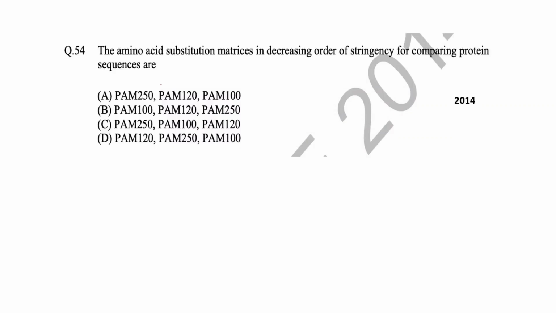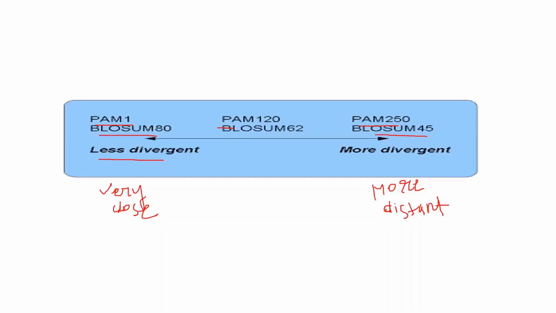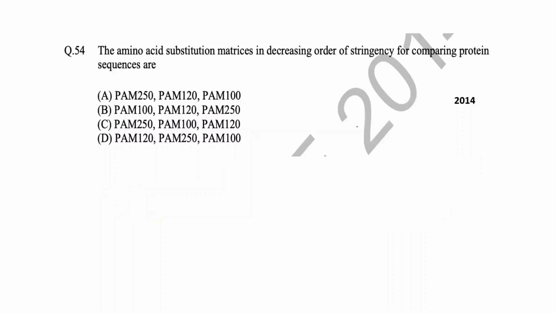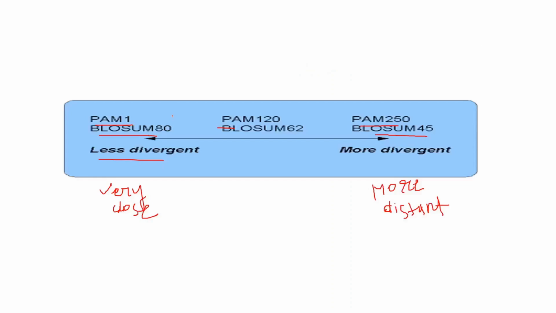In the previous graph we saw that for comparing closely related sequences we generally use the PAM matrix, though BLOSUM can also be used, but mostly we prefer a lower PAM matrix. Very close means lower PAM, higher divergence means higher PAM value. Here it is asking about decreasing order, so the closest value will come first. When your PAM value is lower, your sequences are very close, as we have seen in this graph.